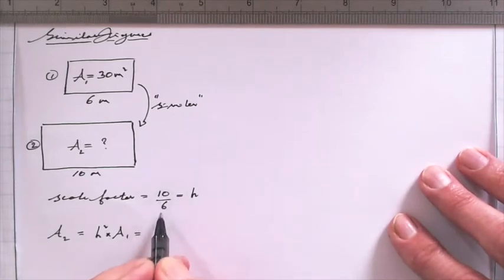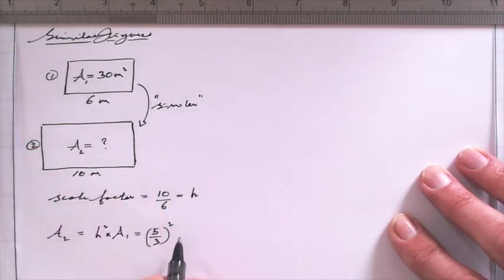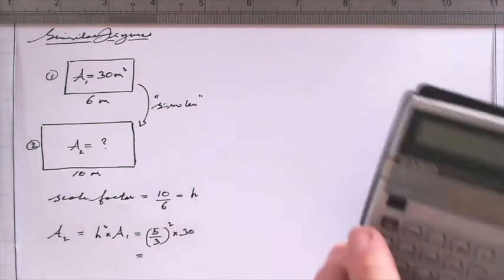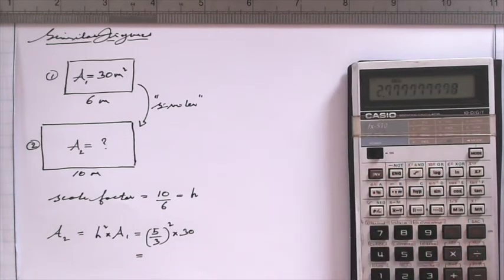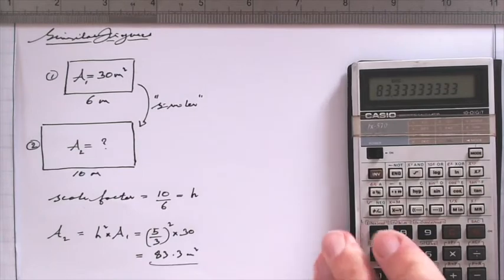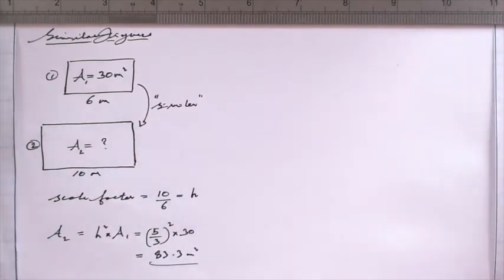And that scale factor is 10 over 6, which is 5 over 3. I can just work this out very quickly here. So I have 5 divided by 3, all squared, multiplied by 30, and I get 83.3 square meters.